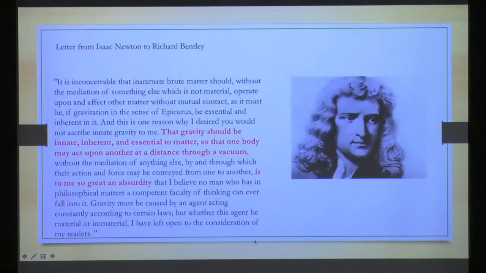But even at the time of Newton, Newton had a problem with his theory of attraction, and he wrote it himself. He said that gravity should be innate, inherent, and essential to matter, so that one body may act upon another at a distance through a vacuum, is to me so great an absurdity. So even Newton, who discovered gravity, said it was absurd.